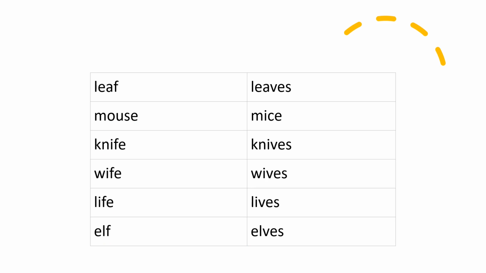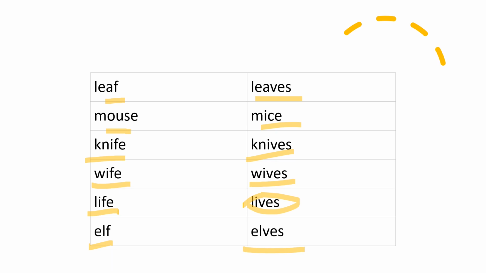We have leaf, leaves. Its plural form is leaves. Mouse, mice. Knife, knives. Wife, wives. Life, lives. Elf, elves.